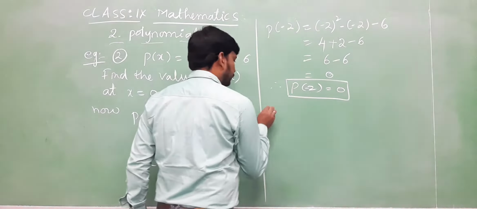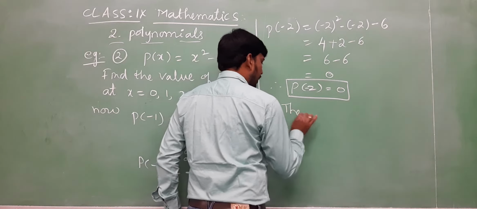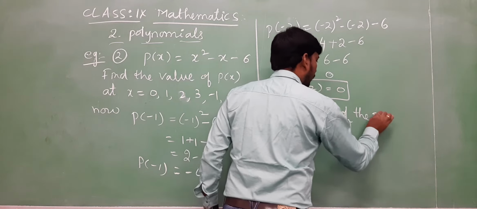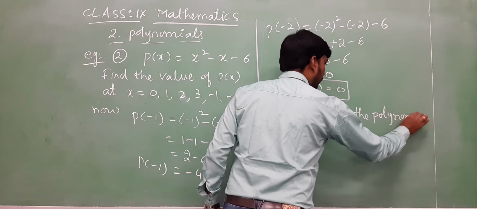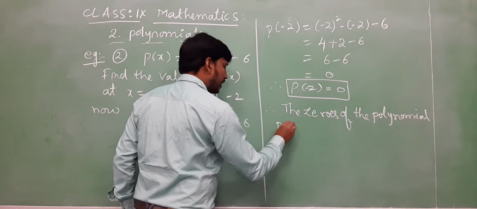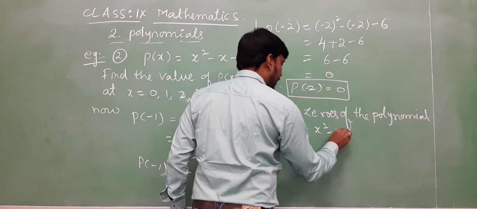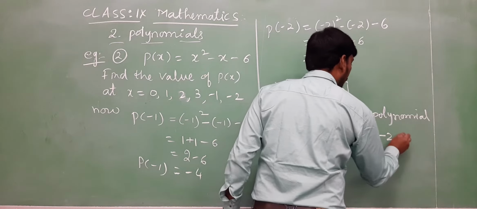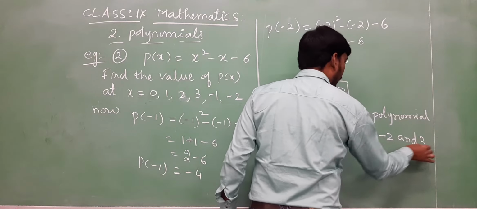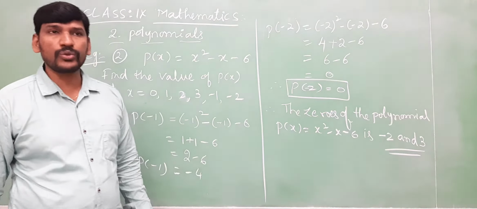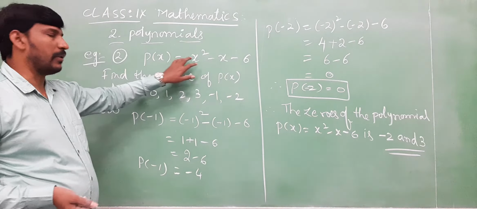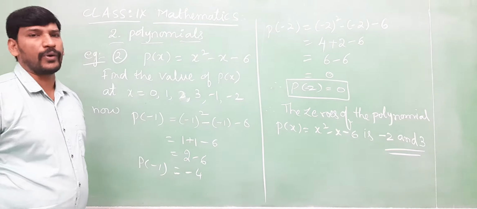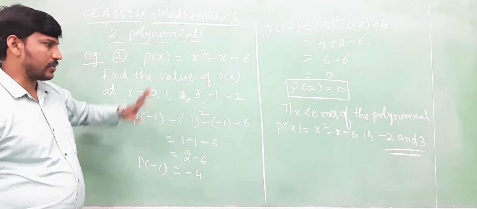So therefore here, the zeros of the polynomial p(x) equal to x squared minus x minus 6 are minus 2 and 3. Okay, these are the two zeros. At minus 2 and 3, the value of this polynomial will become 0. So we can say only these two values are the zeros of the given polynomial p(x). Okay children, let's copy this.